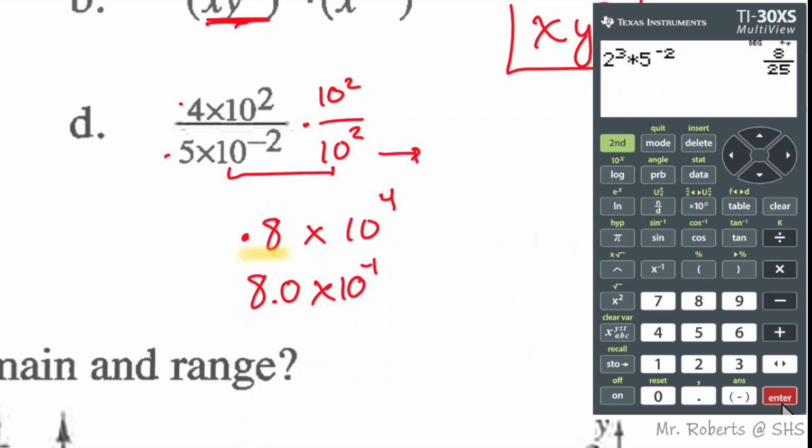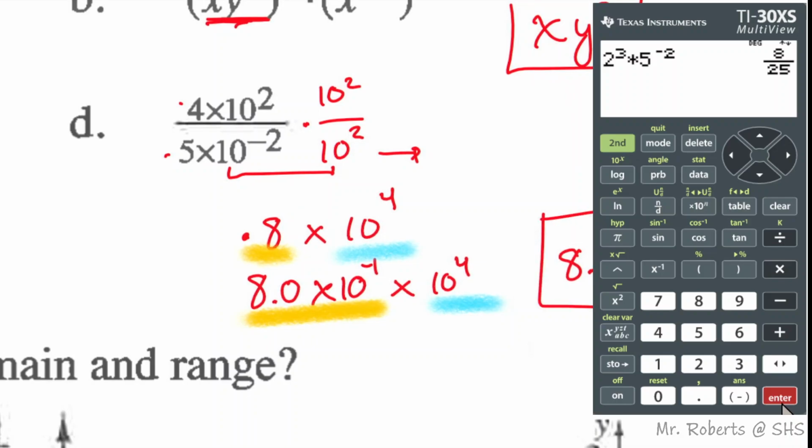If I take 8 and multiply it by 10 to the negative first, it's going to give me 0.8. Then I bring down this other part, the 10 to the 4th. When I combine those, I get 8.0 times 10 to the 3rd power. There we go.